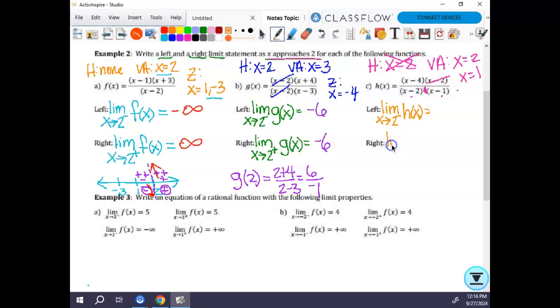And then the limit as x approaches 2 from the right of h of x. Okay. Now, what is happening in this function at 2? X equals 2 is a vertical asymptote. So since it's a vertical asymptote, my only options here are infinity and negative infinity. So I got a 50-50 shot, but we don't want to guess, right? We want to know how to do it for real.